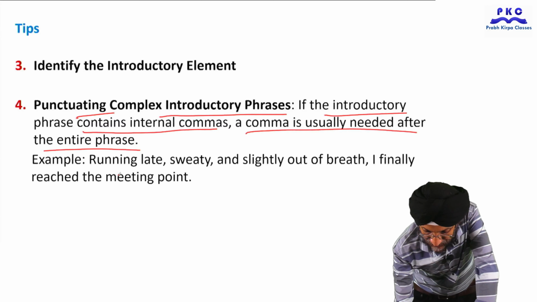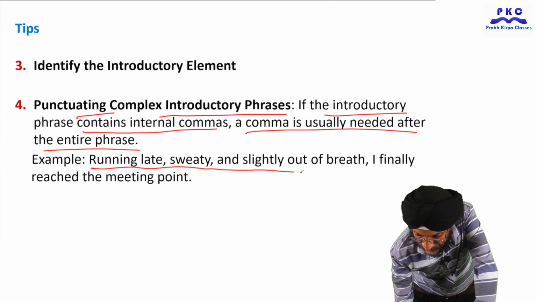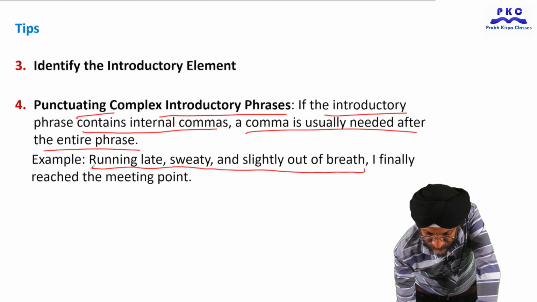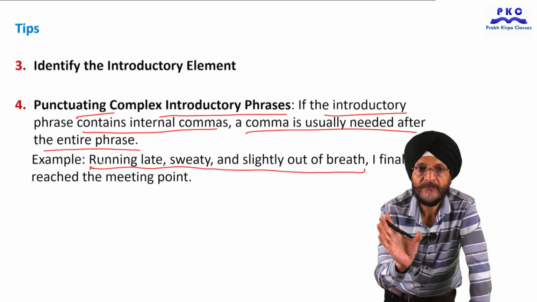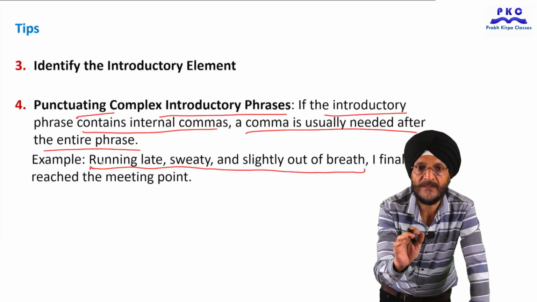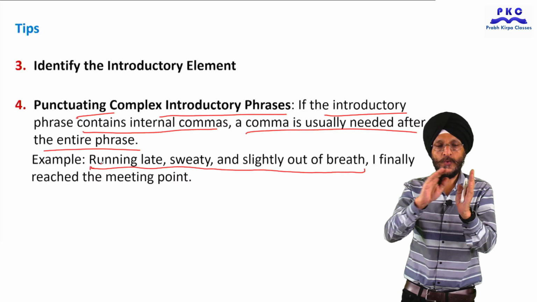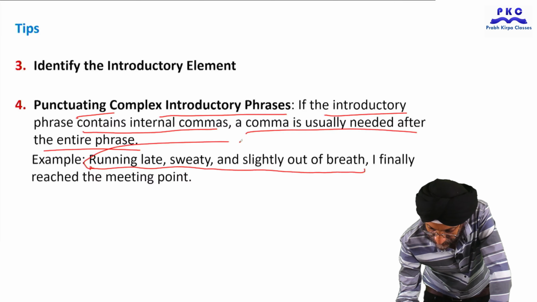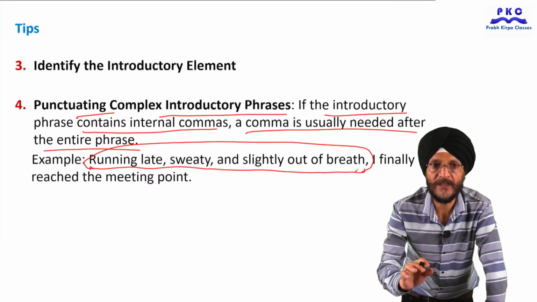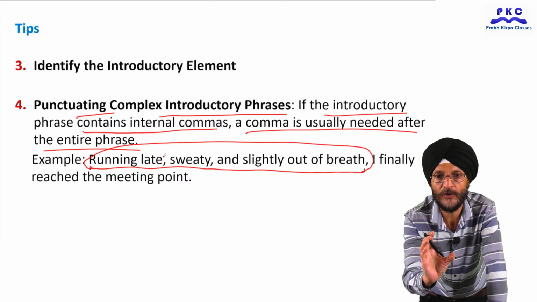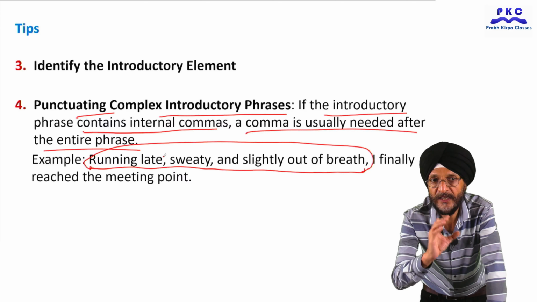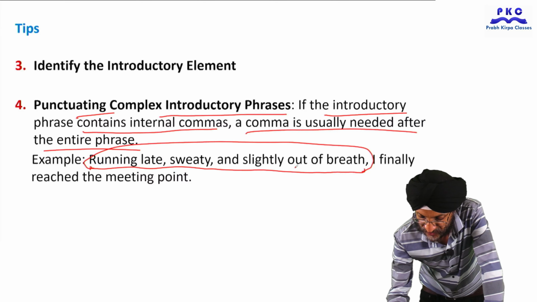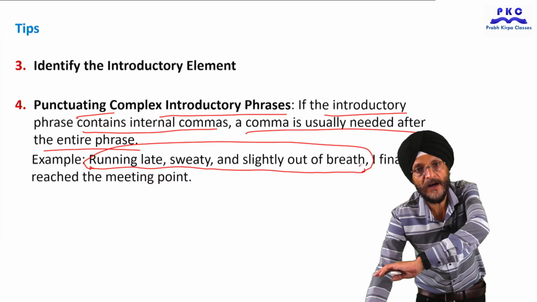It conveys that running late, sweaty, and slightly out of breath is a complex introductory phrase. It is to be taken as a whole. This is an introductory clause. It is not that running late is an introductory clause. No. Running late, sweaty, and slightly out of breath.